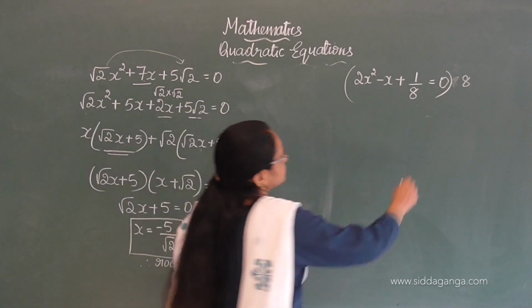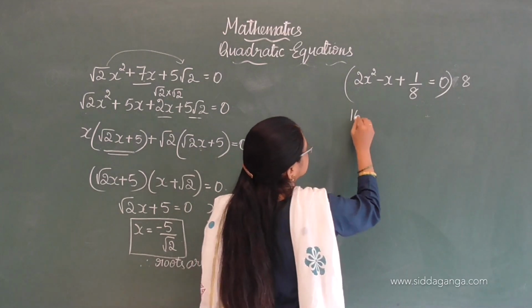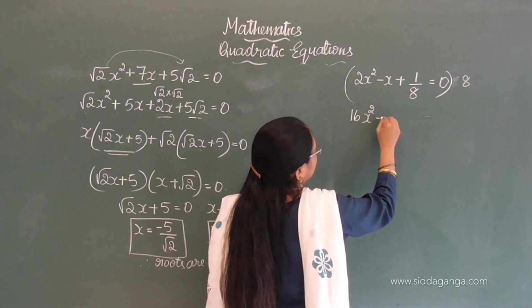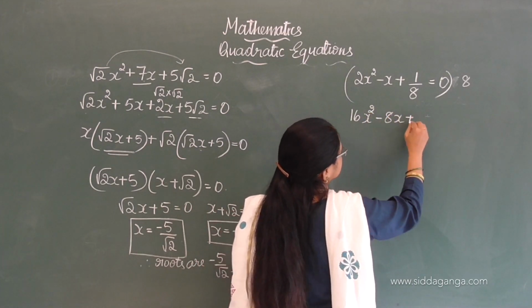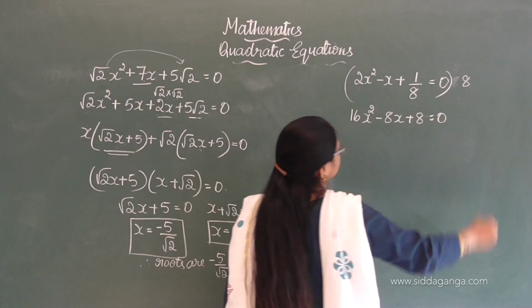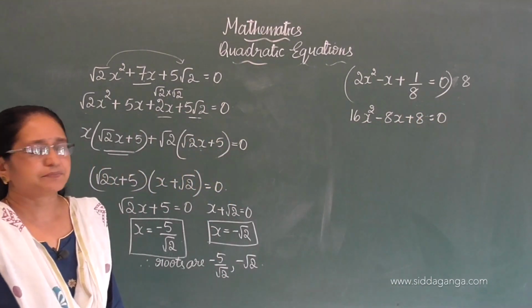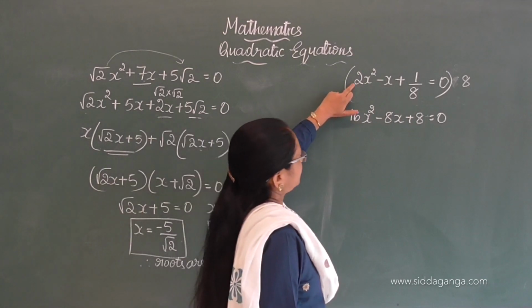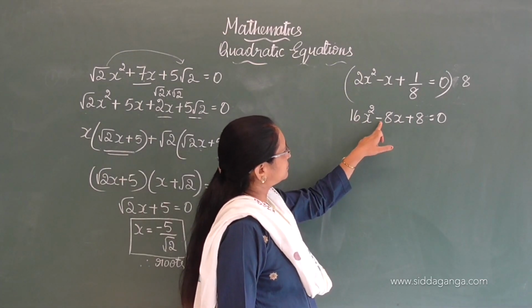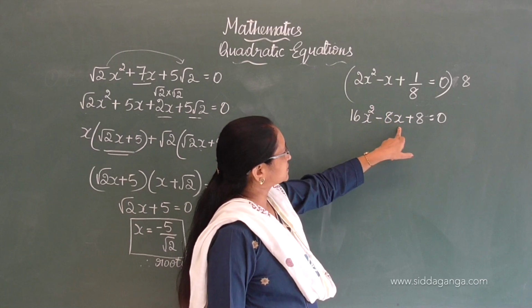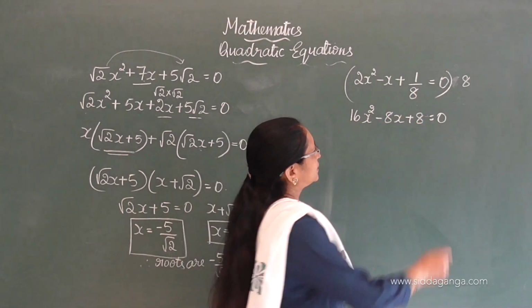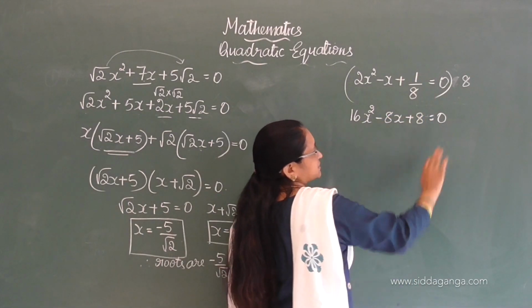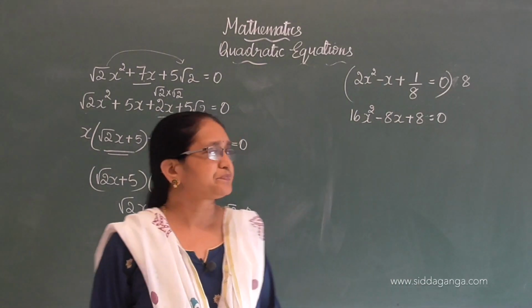Now, this will become 8 2s are 16x square minus 8x plus 8 is equal to 0. I hope you understood this step. See here, 8 2s are 16x square, minus 8 into x, 8x, and here 8 gets cancelled, plus 8 is equal to 0.